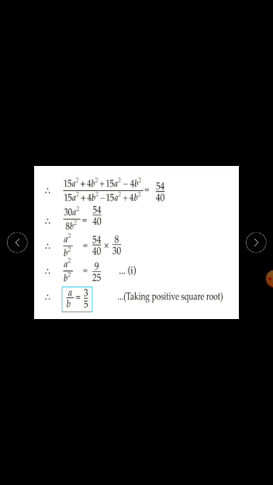In the numerator, 15a² + 15a² is 30a², and 4b² − 4b² is 0. In the denominator, 15a² − 15a² is 0, but 4b² + 4b² is 8b². So write here 30a²/8b² = 54/40.